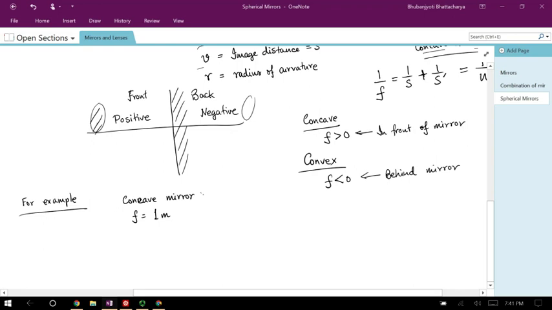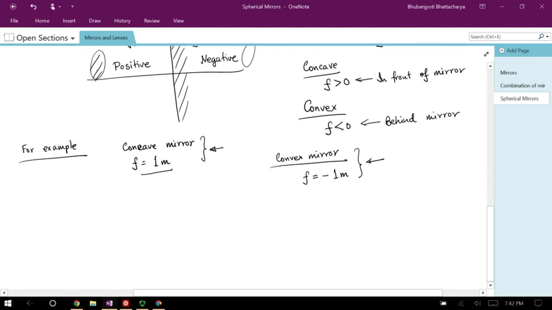These two are interchangeable: I told you that if the focal length is positive, the mirror must be concave. On the other hand, if I give you a convex mirror, whatever the given focal length, it has to be written as a negative quantity. So f equals negative 1 meter, right? Either of them shows me that it is a convex mirror.